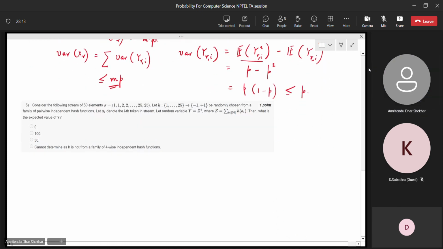Okay. So the fifth problem is: consider the following stream of 50 elements.